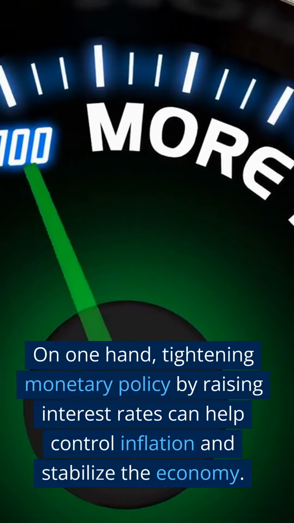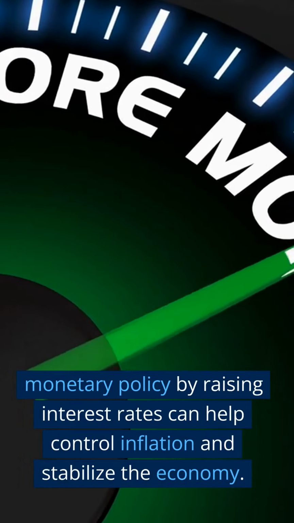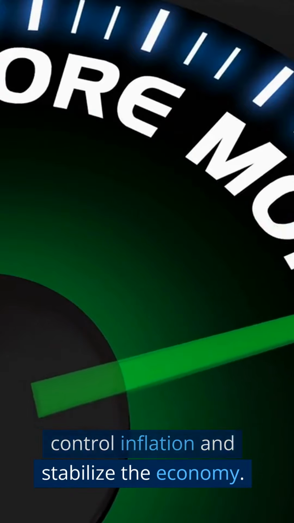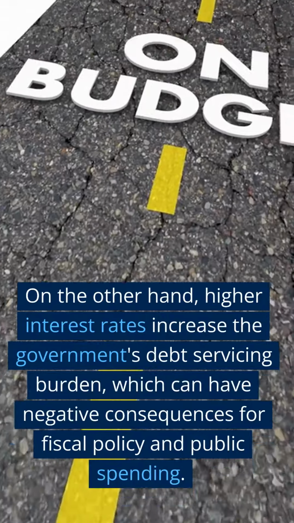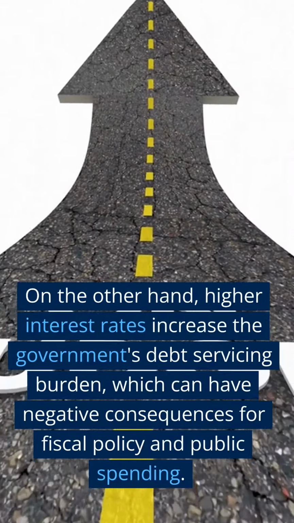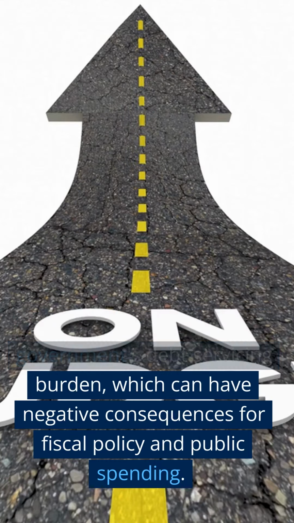On one hand, tightening monetary policy by raising interest rates can help control inflation and stabilize the economy. On the other hand, higher interest rates increase the government's debt servicing burden, which can have negative consequences for fiscal policy and public spending.